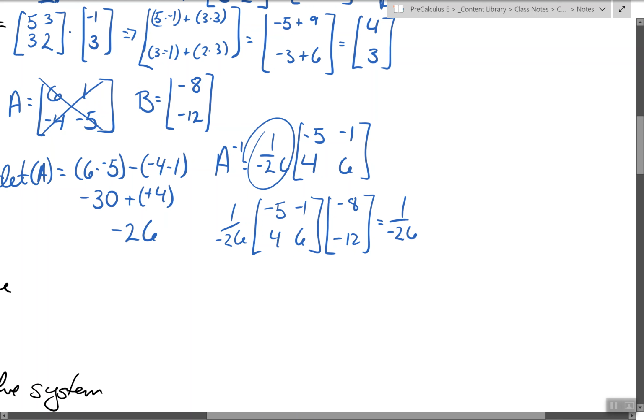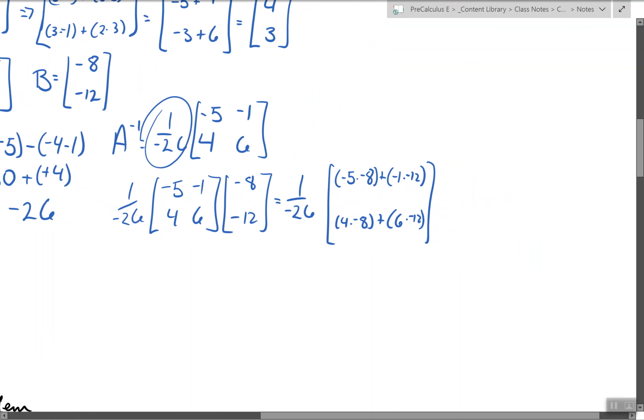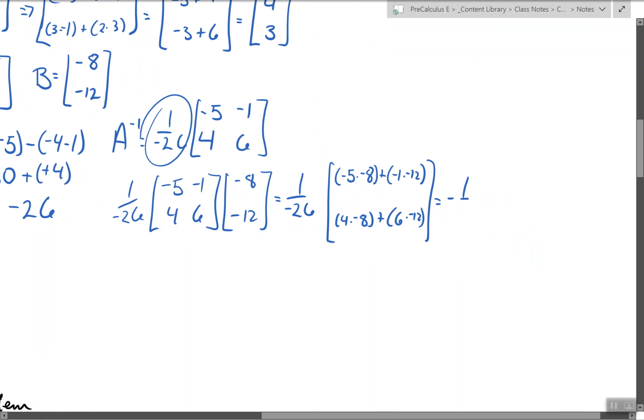And we are going to do our multiplication. So we have -5 times -8 plus -1 times -12. And then for the second, we've got 4 times negative 8 plus 6 times negative 12. So we're still going to have that 1/26th out front. 5 and 8 is 40.